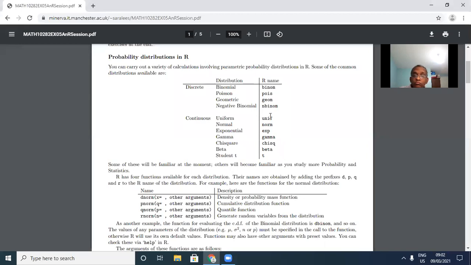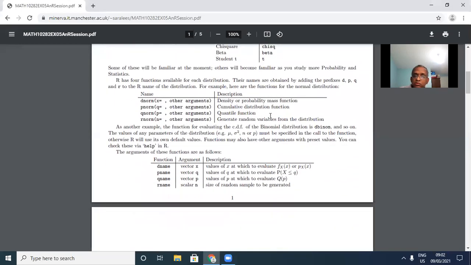Now, going down to the bottom of this page. For every distribution, you can compute the density or the CDF or the quantile or the random numbers. So that's the purpose of this dname, pname, qname, rname command.